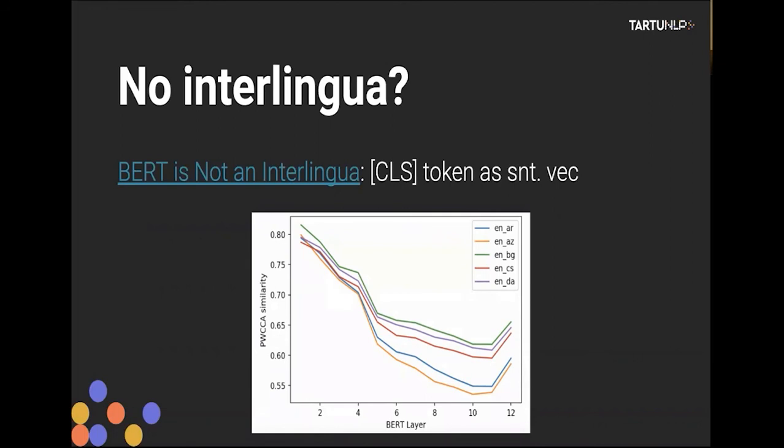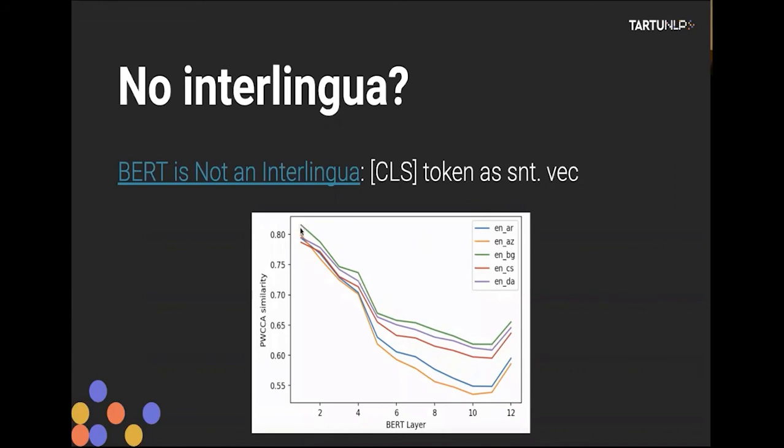They took multilingual BERT and used the beginning CLS token as the sentence vector. They showed that in different layers of BERT, the similarity between those sentence vectors for English and other languages, so English-Arabic, English-Bulgarian, English-Czech, English-Danish, English-Azerbaijani, drops the further deep into the model we go.